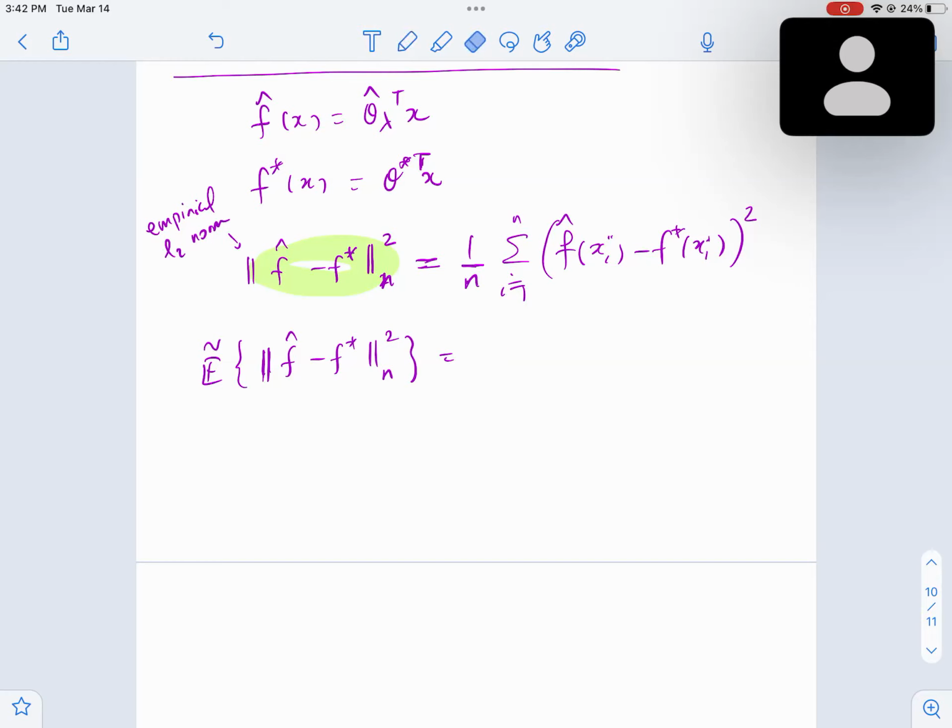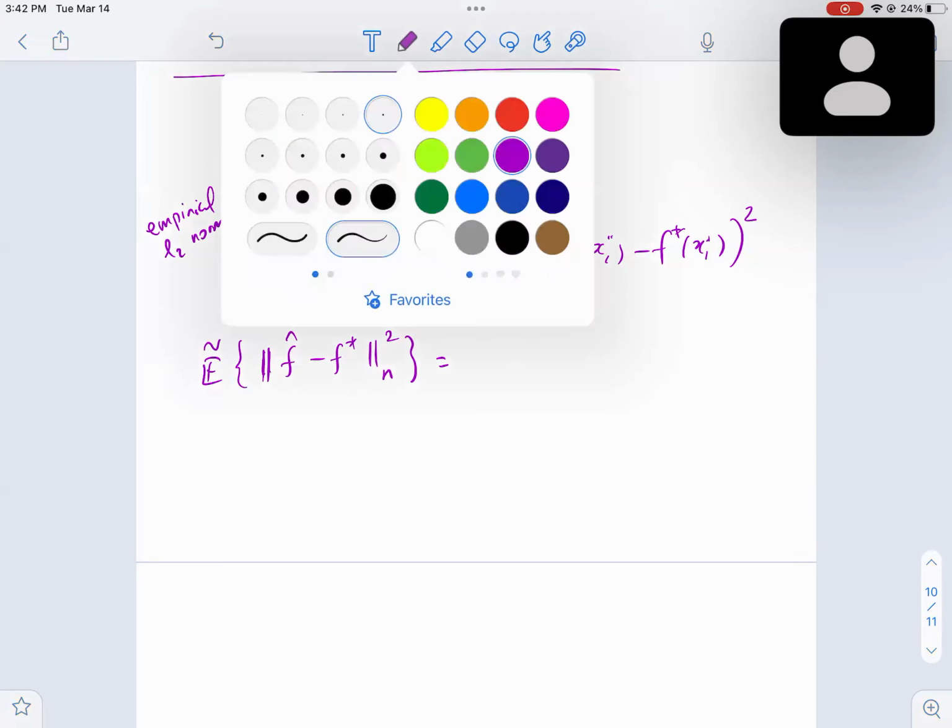And this is going to be a random quantity because the path is random. I'm going to take an average over the conditional randomness of the yi's given the xi's. This notation that I had used before is my way of writing conditional expectation given x1 up to xn, which in this case we write as small x.